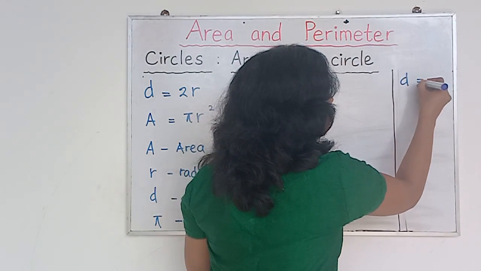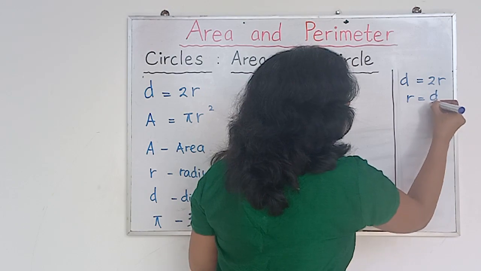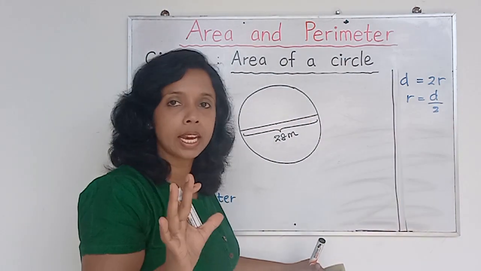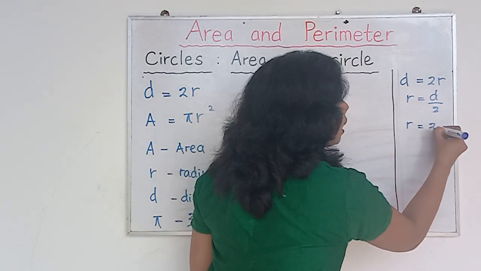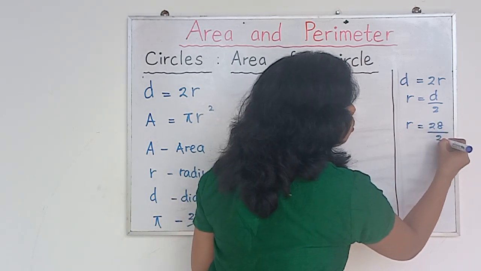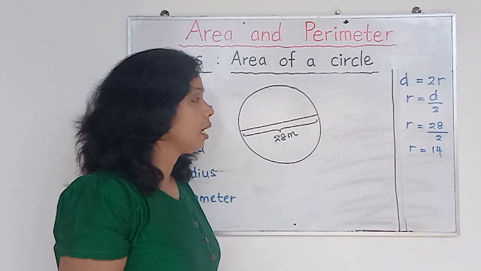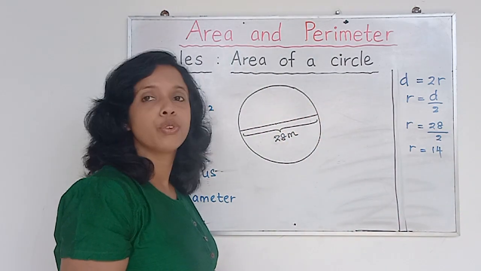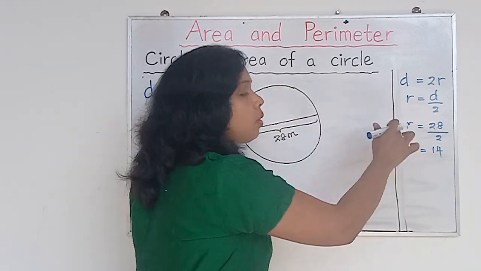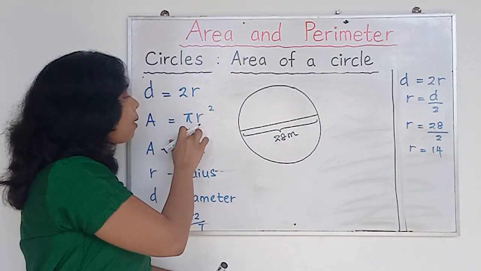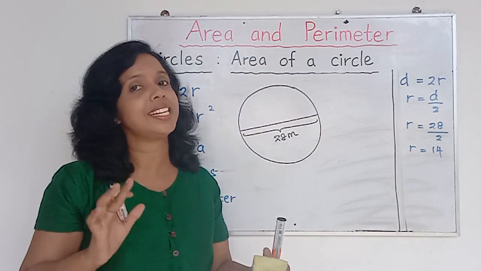D equals 2 times r. That means r equals D divided by 2. The D value they have given is 28. You divide it by 2 and it is 14. Now again the r value is 14. Then now you have found the r value, you replace it in πr squared and find the area as we did earlier.